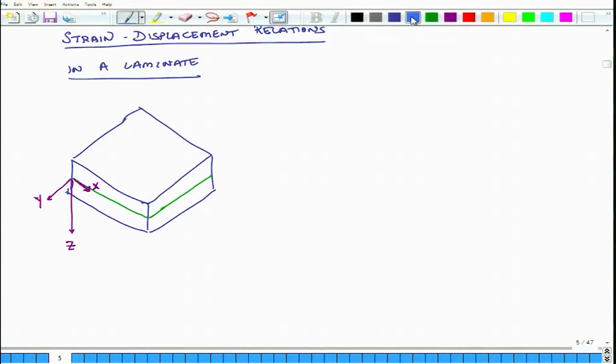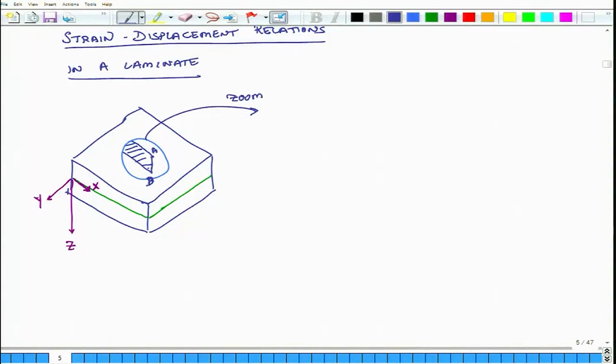Let us look at a small portion of this plate. In this portion, let us call the top point A and the bottom point D. I am cutting a small portion and looking at it, and then I zoom in.